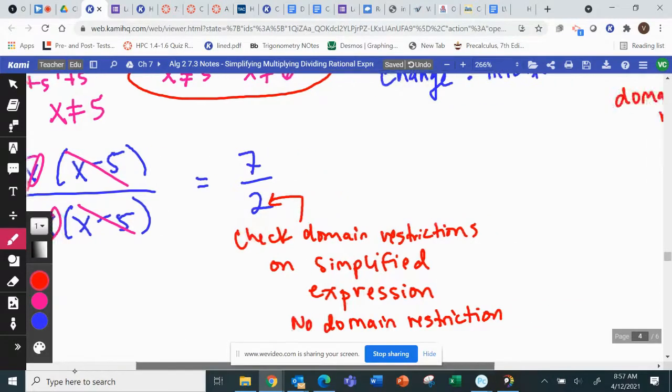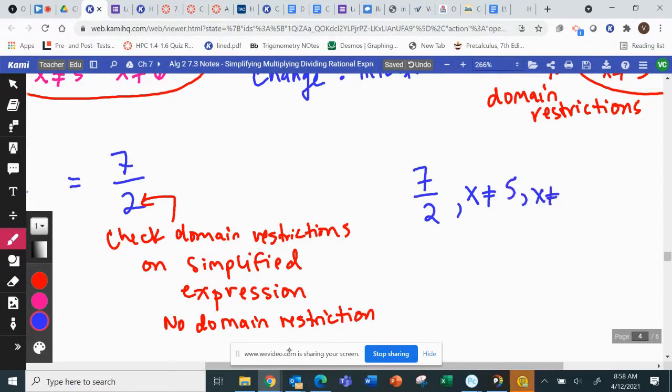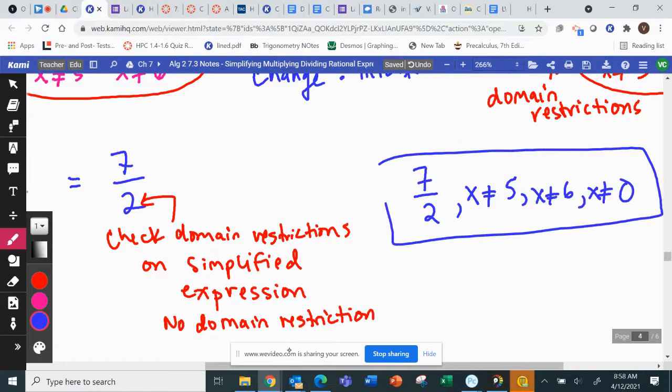So when we write our answer, we're going to write 7 over 2, but we have to put in any domain restriction we had that is not there anymore. A domain restriction that we had that isn't there anymore is 5, 6, and 0. So we've got 3 of them here.